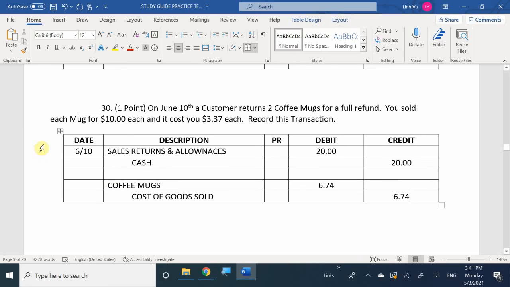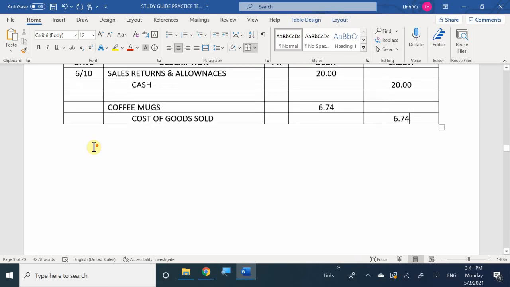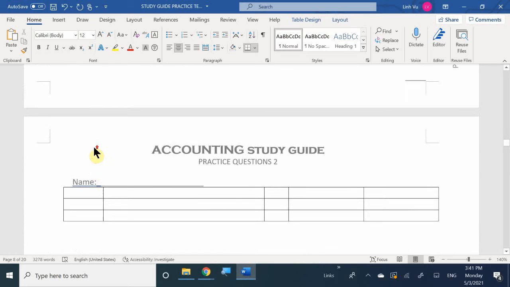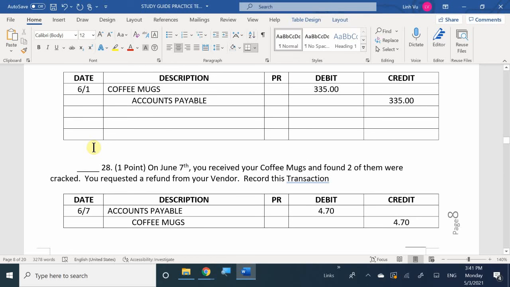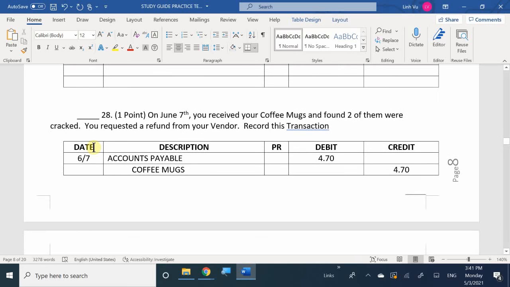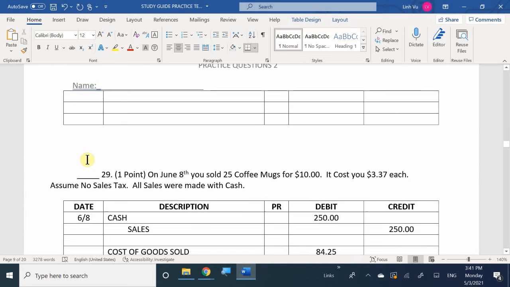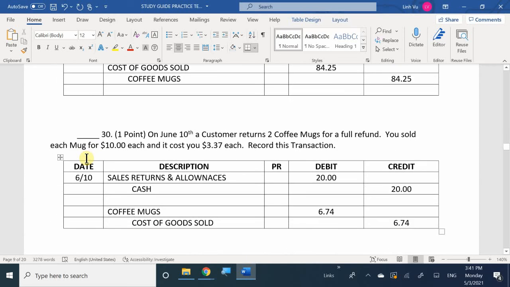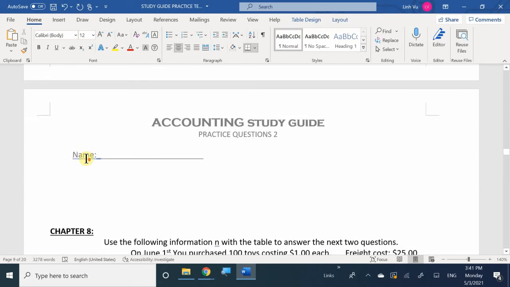$6.74. Good. Awesome. So I can ask you all of these questions to journalize this, and I'll ask it in the form of a multiple choice question, just like exactly from the previous exam. I could say, A, I'm going to debit my accounts payable for the $4.70. So again, I would recommend you journalize it first and then look at the answers and see which matches up.